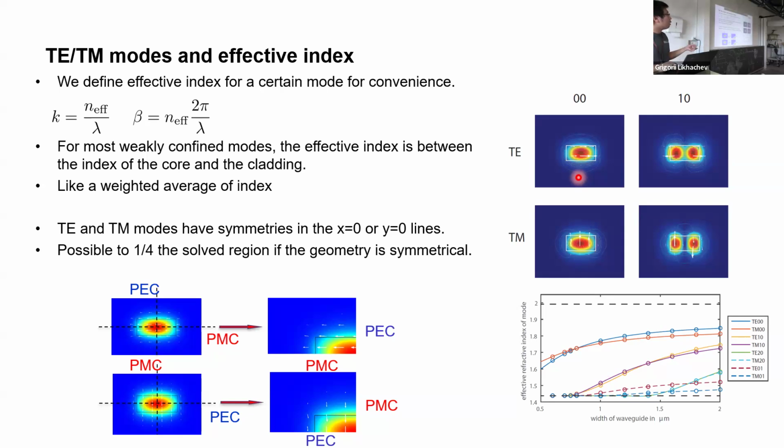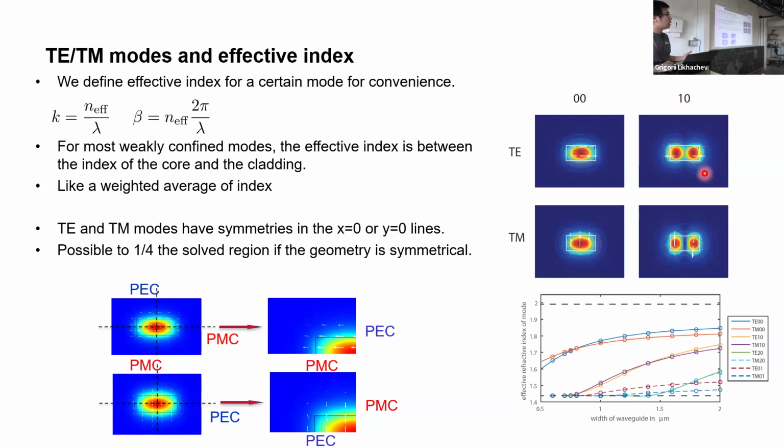There also exist higher order modes. For example, in some cases you can form a mode with 2 bumps or 3 bumps. It depends on the geometry of the waveguide you have. You can think about it instinctively: if you have a wider waveguide, you can support more possible modes.